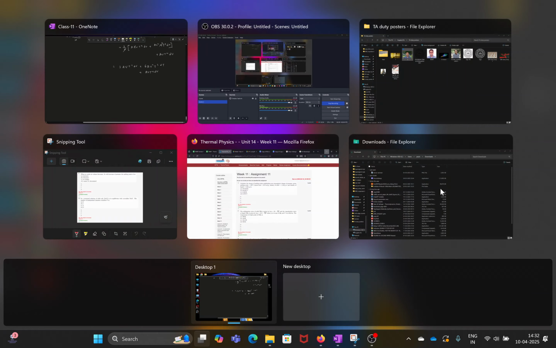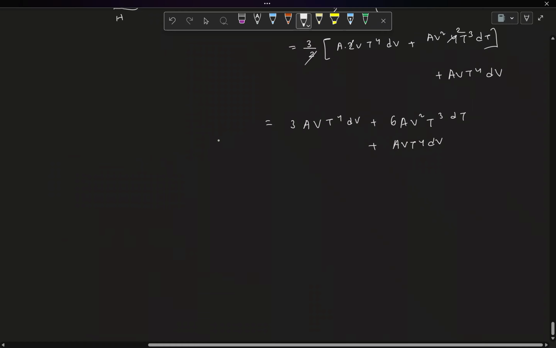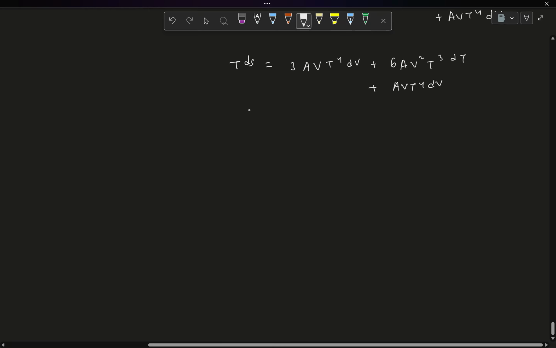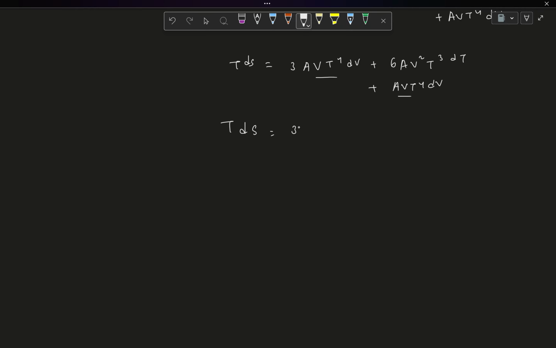Okay. So sorry. Again, this is your TdS. So from here, if you just take the temperature common, then TdS is equal to simply, this thing and this thing get added, so this is 4A V to the power 4. Now if you take common 1T, this is simply T cube dV plus 6A V squared T squared dT, the T cancelling out.